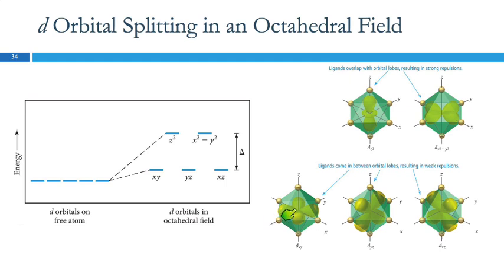Here, the other three d orbitals are able to fit in between the ligands, and so there's weak repulsion. And so this is lower energy. So these three are going to be lower in energy than those two. This difference in energy is called the crystal field.